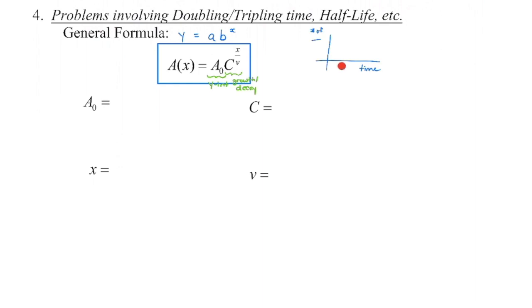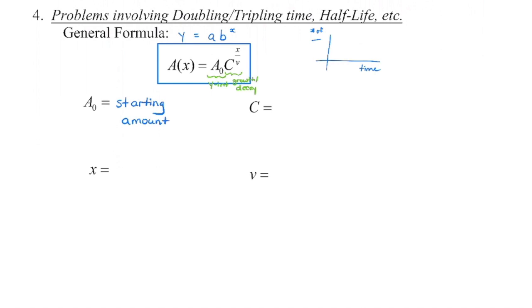As time passes, we're either going to be gaining rapidly or we're going to be losing rapidly. So if this is our y-intercept, then the number of bacteria we have when we begin counting represents our starting amount. So we're going to fill in here, a sub 0 is the starting amount of whatever it is that we're looking at for growth or decay.